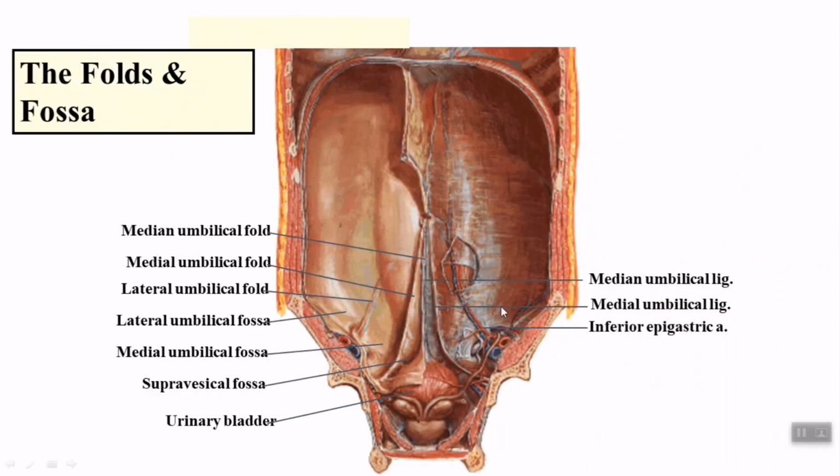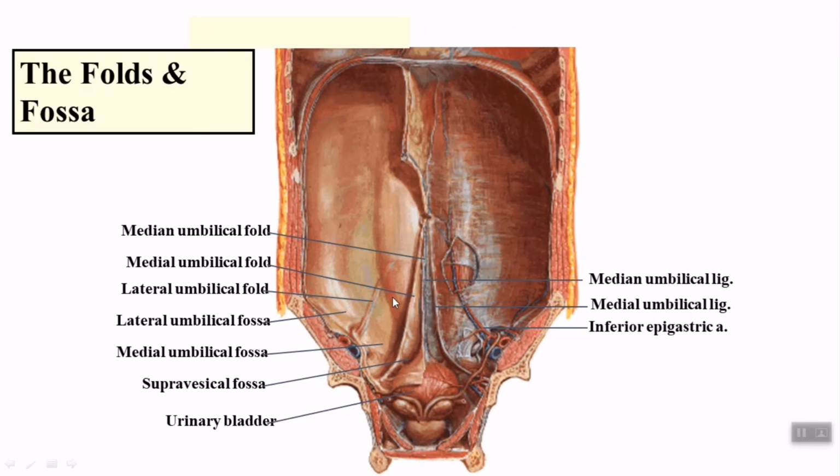Here again we have the median umbilical fold, the medial umbilical fold, and the lateral umbilical fold. The lateral umbilical fold is formed by the inferior epigastric vessels originating from the external iliac vessel, the medial umbilical fold is formed by the remnant of the umbilical arteries, and the median umbilical fold is formed by a remnant of the urachus that has a connection with the urinary bladder.